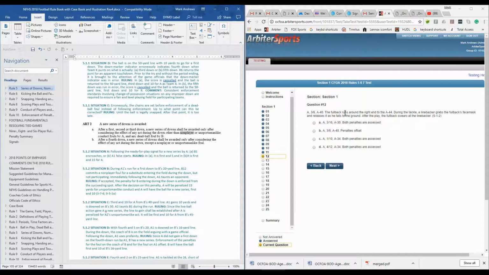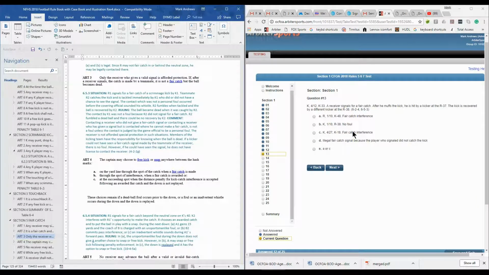So the A46 was the line to gain. So now A has a first down. But after he got the first down, we have a dead ball foul, which is the unsportsmanlike conduct. So that's a 15-yard foul. We're going to go back 15 yards from the A49 to the A34, and it will be A, first and 10 on the A34. So the correct answer is C.